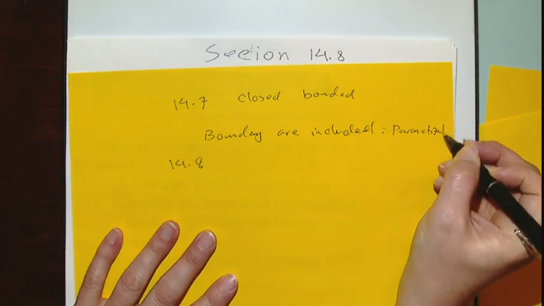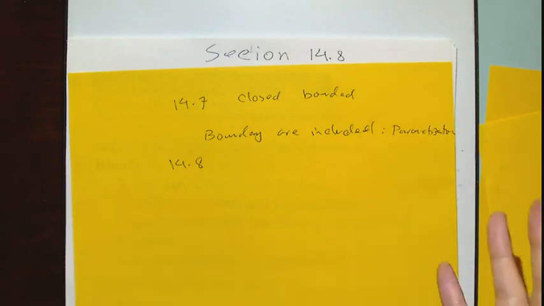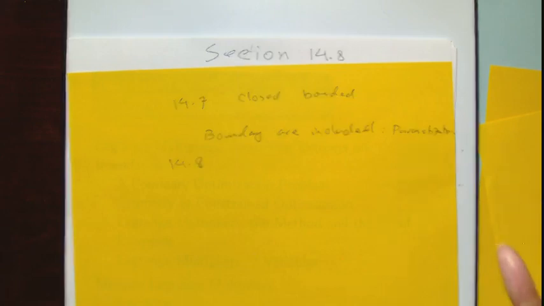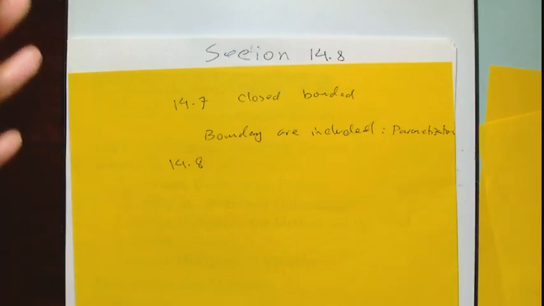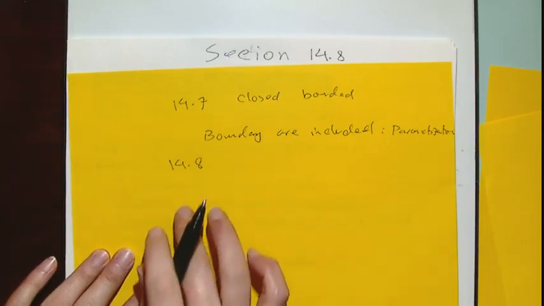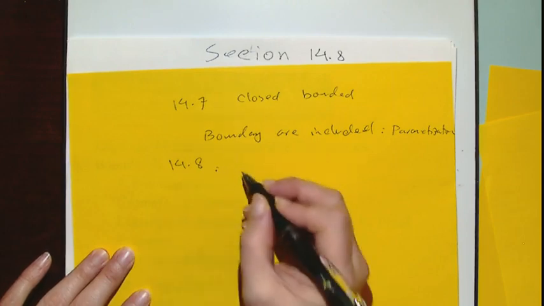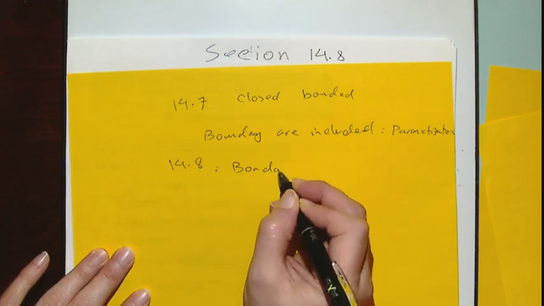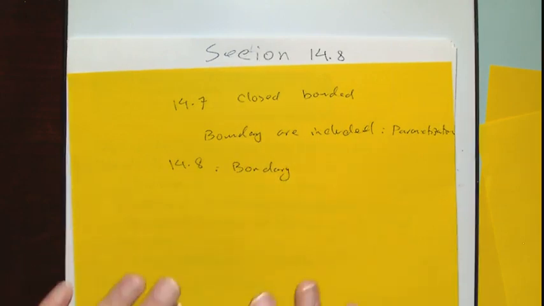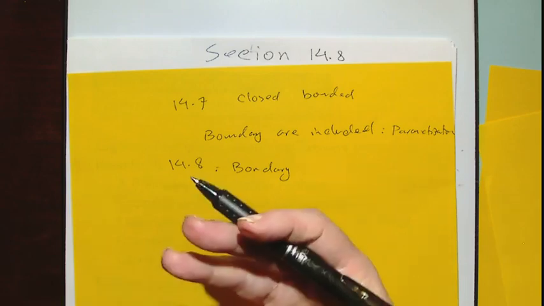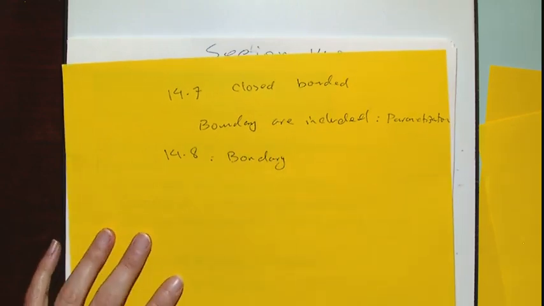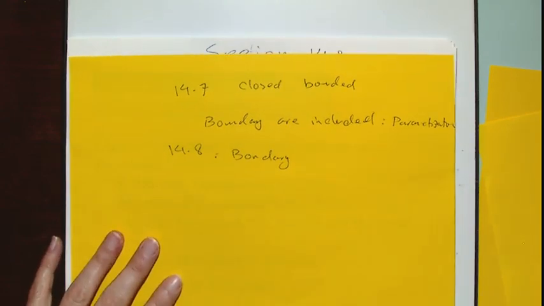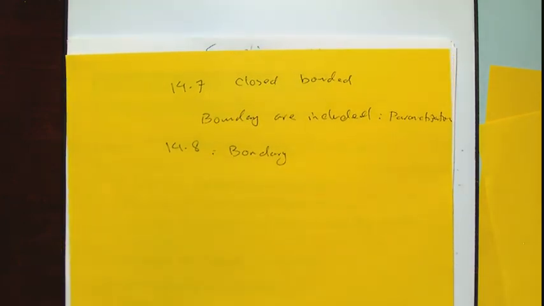Parametrization. It was kind of a mess. Also, parameterization is not always possible. 14.8 gives you a method for the boundary. Boundary only, not the entire thing. And what it does is that it gets rid of the parameterization entirely. So you just use that method to do stuff, basically.